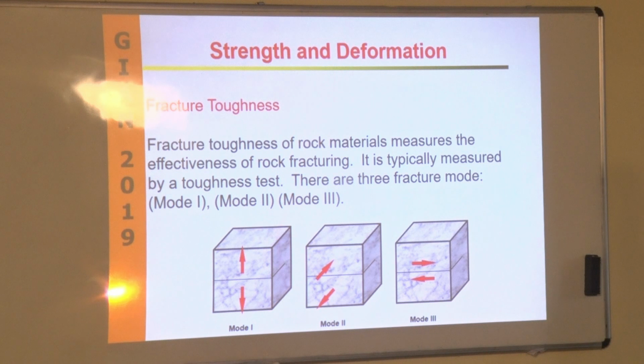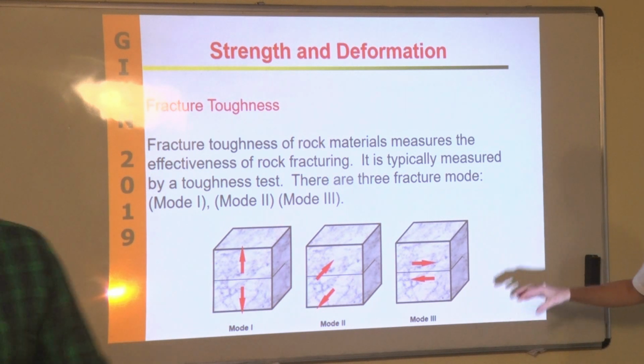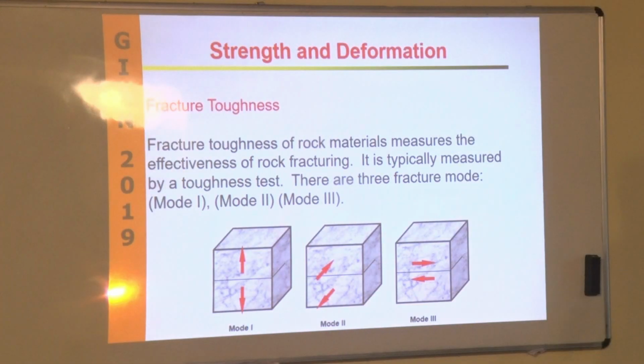Fracture toughness is another important parameter, and this is very important, especially for the advanced numerical models that we are going to see later during the course, specifically with the FDEM, finite discrete element modeling, Irazu specifically, where it's a fracture mechanics code applied to rocks, where you need to propagate the fracture.